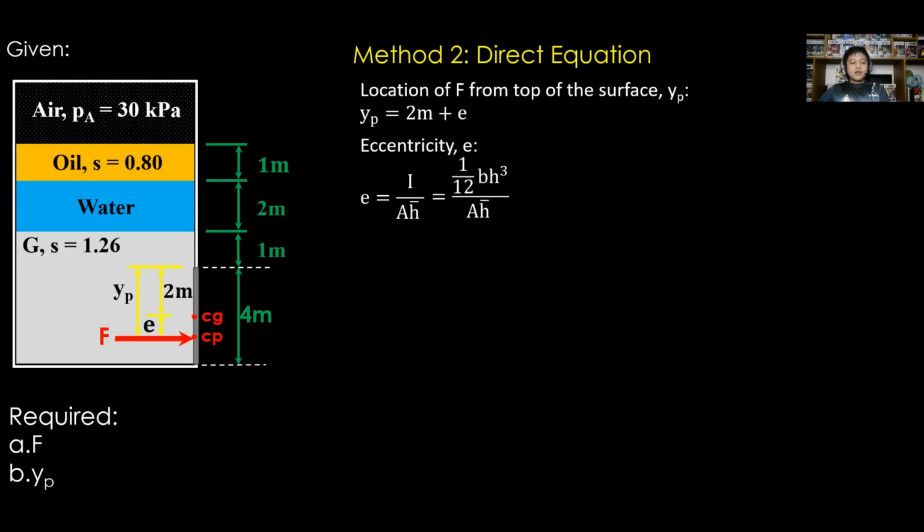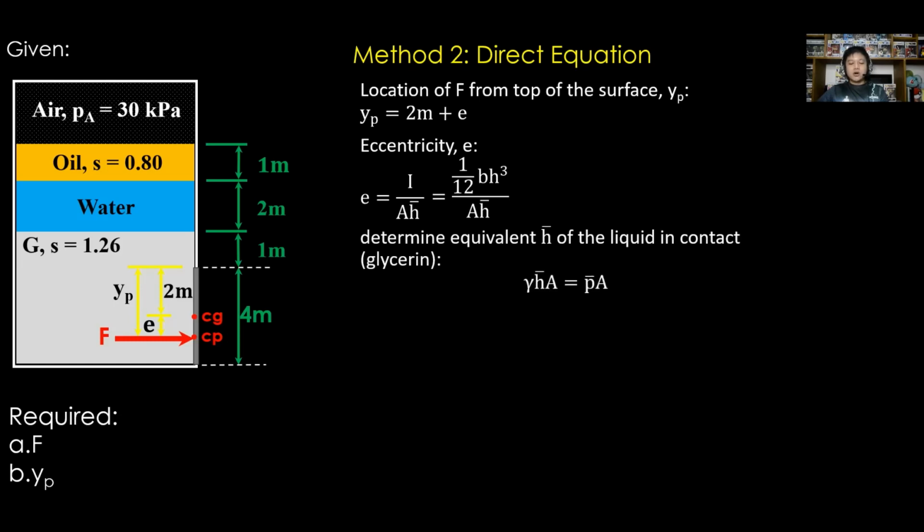So we need first to determine the equivalent H bar of the liquid which is in contact, that is glycerin, by equating the equation of F for homogeneous fluid and layers of fluids, that is gamma times H bar times A equal to P bar times A. Cancel A and rearrange the equation. We have therefore H bar as our unknown equal to P bar, already determined earlier, over gamma.